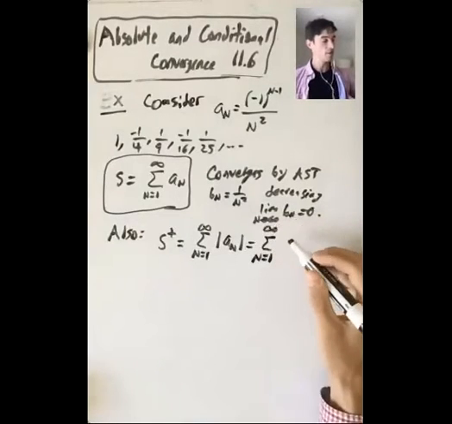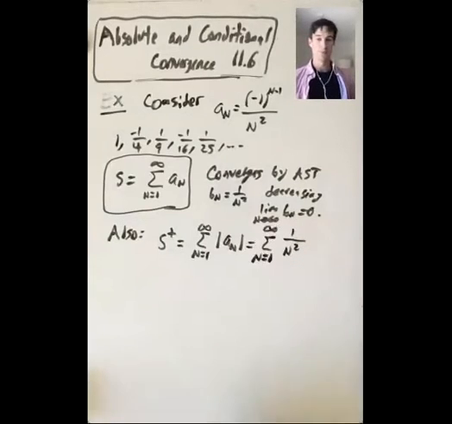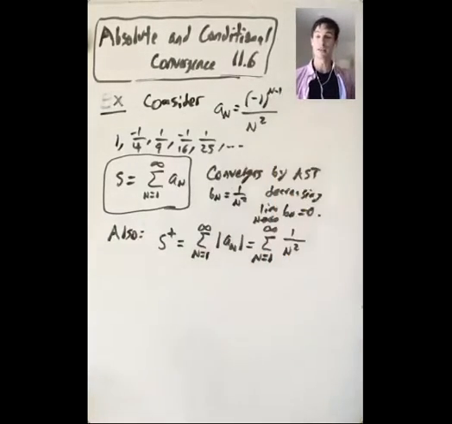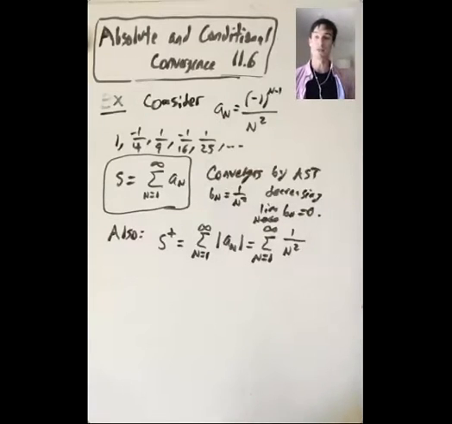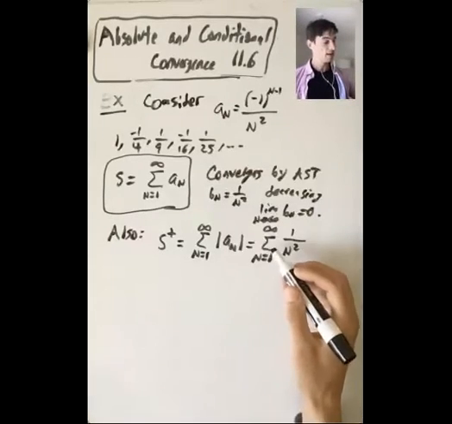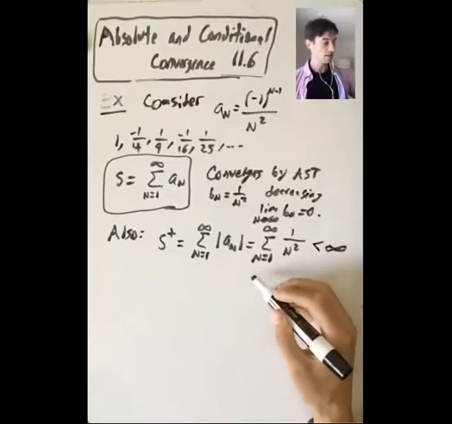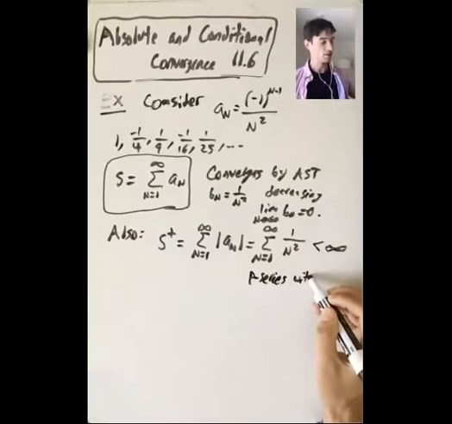This is a sum from n equals 1 to infinity of 1 over n squared, because the only thing the absolute value does to a_n is it takes this (-1)^(n-1) and turns it into 1. Since it's always +1, -1, +1, -1, all the minus ones get turned into 1s by the absolute value. And S plus also converges because this is a p series with p equals 2.